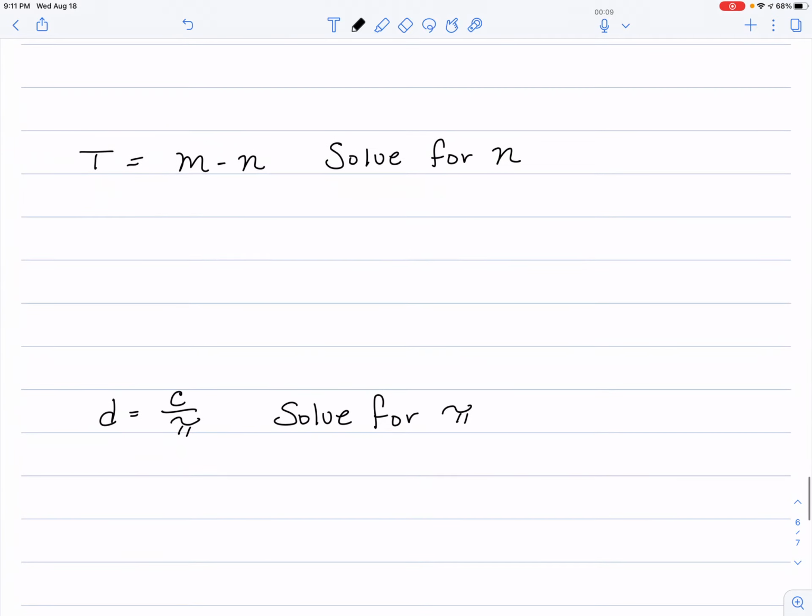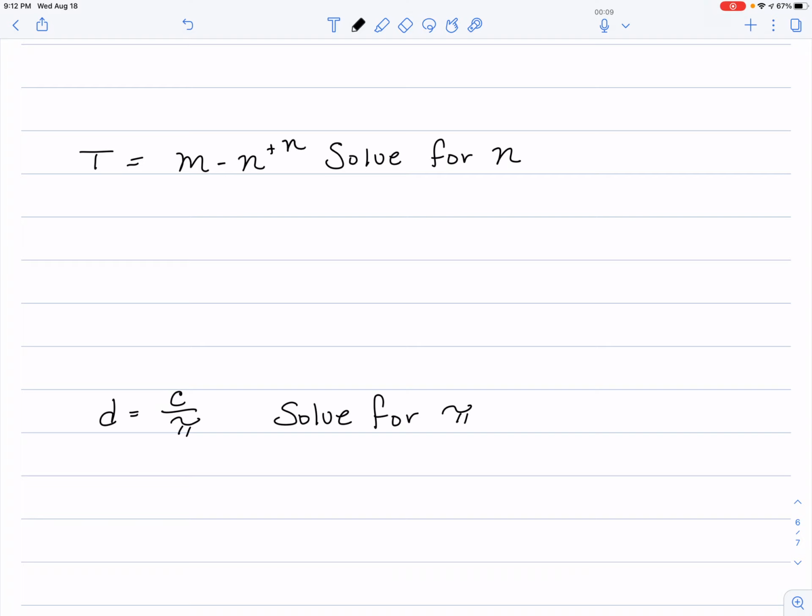In this next one, you have T equals m minus n, and you're solving for n. So here we want n by itself. Okay, so to do that, we're going to move n over because we want a positive quantity.